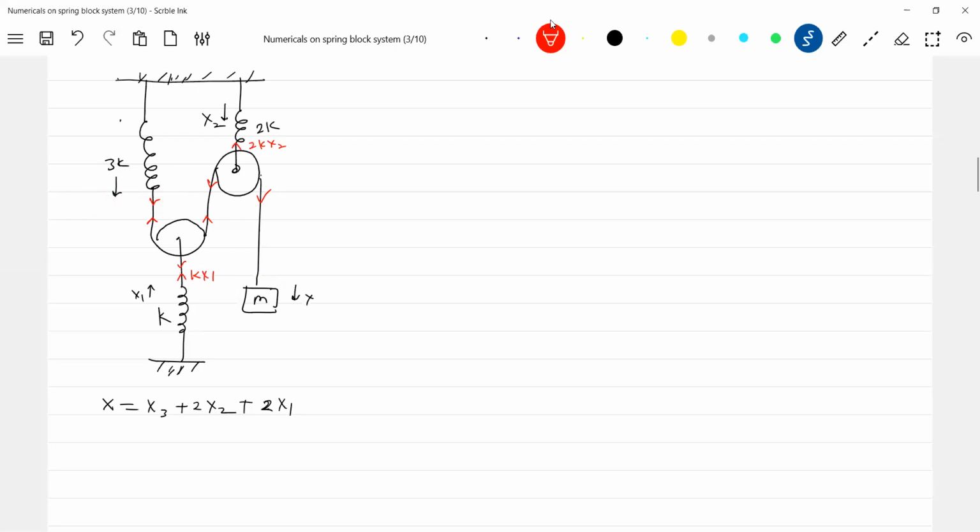This will be 3k x3. So half of it should act here: 2k x2 by 2, 2k x2 by 2.